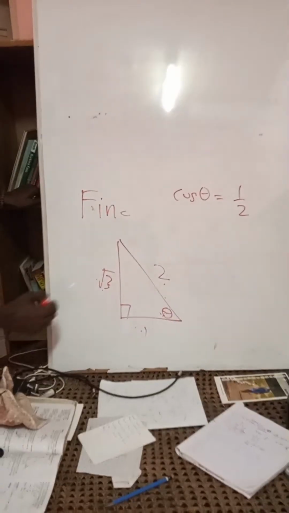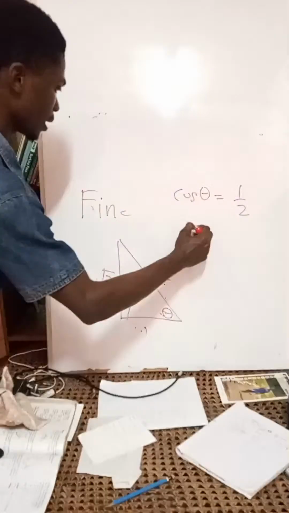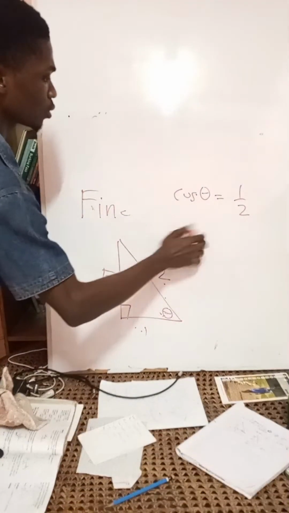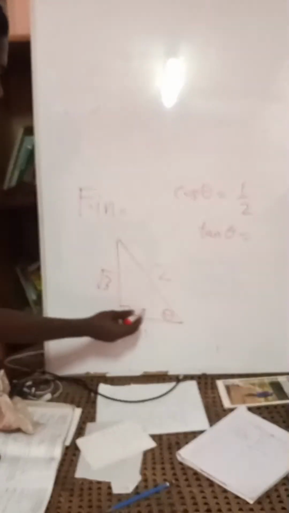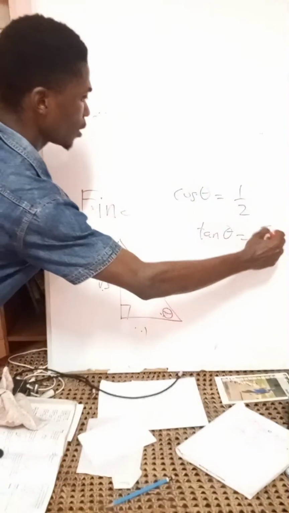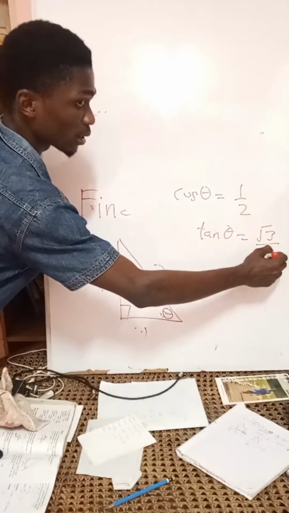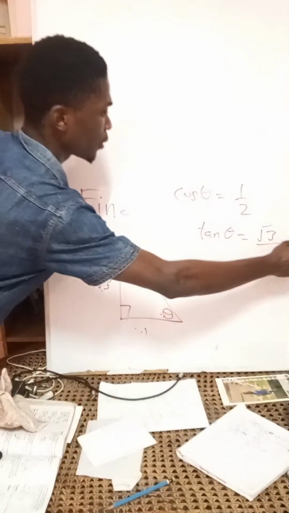And tan theta is going to be root 3 out of 1, which is the same as root 3. So this is the answer that you are going to get.